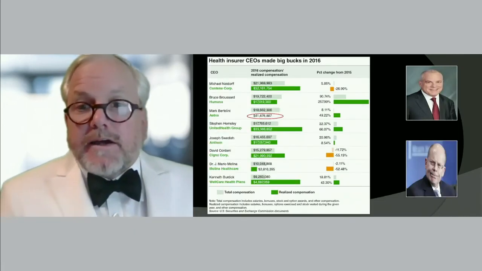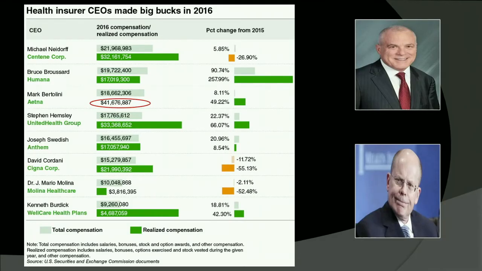So that guy on the right there, he's a pretty happy guy, because if you take his salary at $41,676,887 in 2016, and you divide that by the 46 million people that Aetna insures and divide that by the 12, it ends up people are paying 7 cents a month per person just to pay his salary, versus me doing the best operation I can do for 105,000 people.